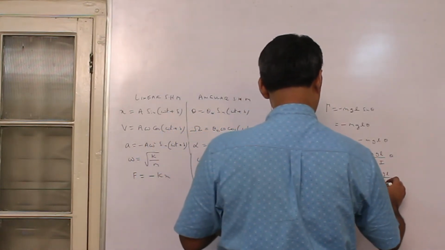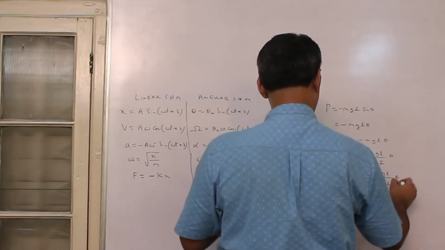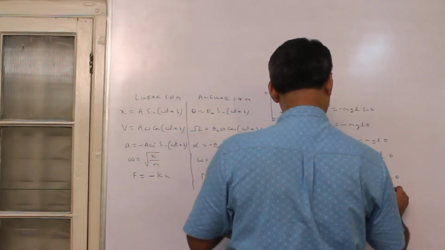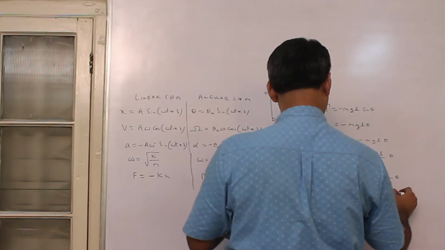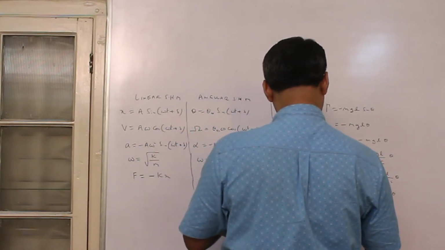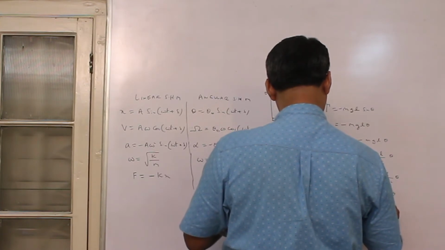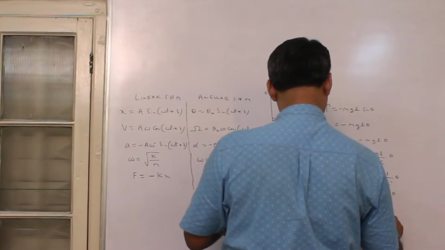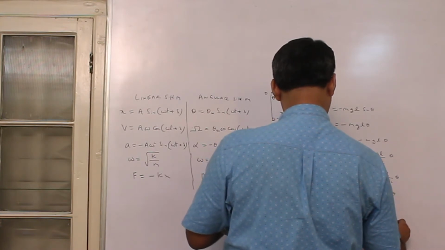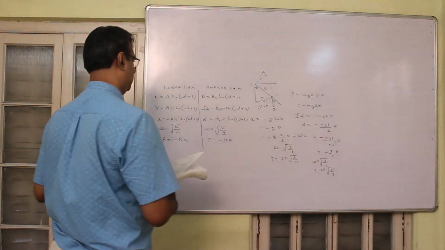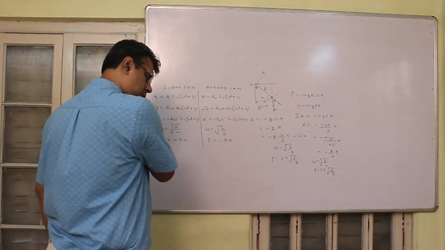And I you can easily see from the figure that it is ml square. So alpha is minus g by l into theta. So time period is again coming the same formula, 2 pi into root L by g.